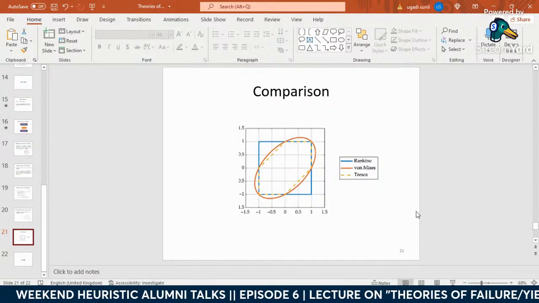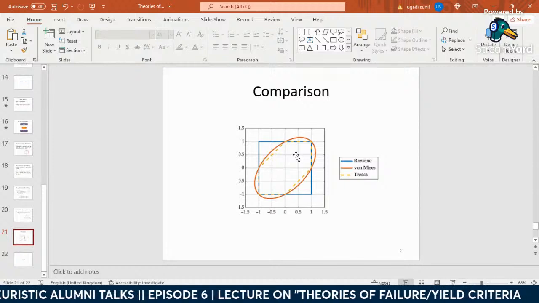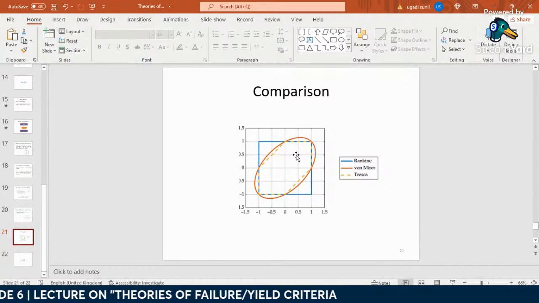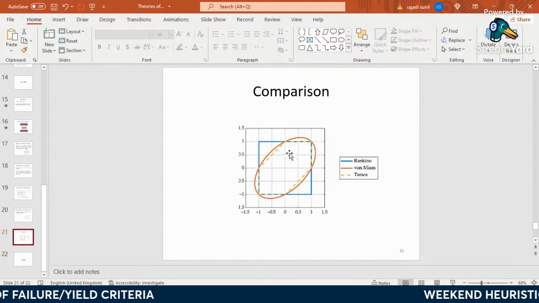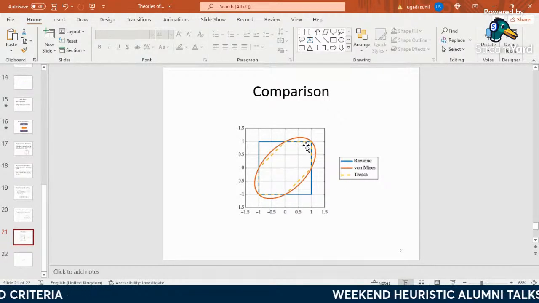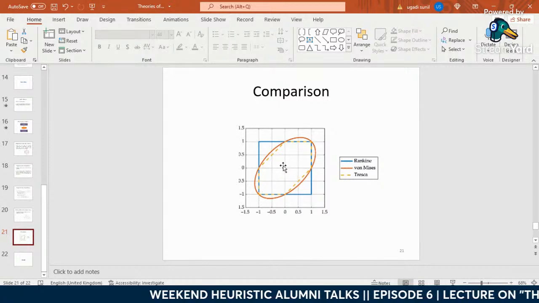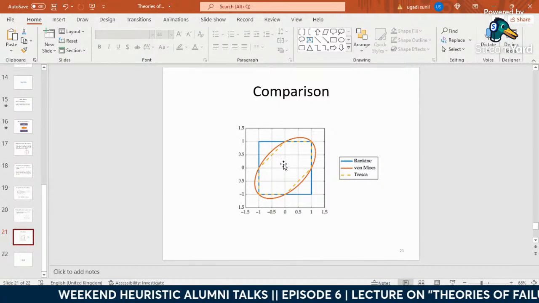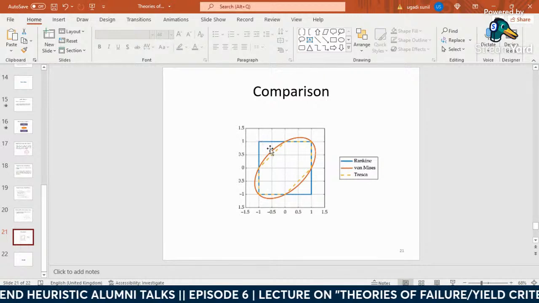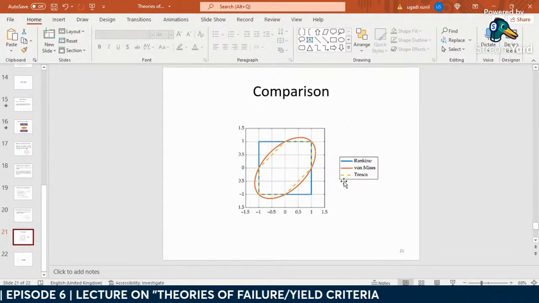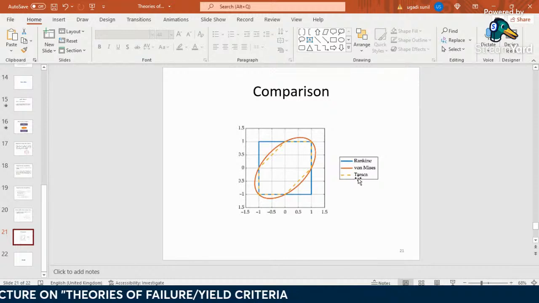From this graph, which one do you think is more safe? Obviously the Tresca criterion. If you follow this criterion for designing purposes, you will be safe according to Rankine as well as von Mises as well as Tresca. This is the most conservative theory.